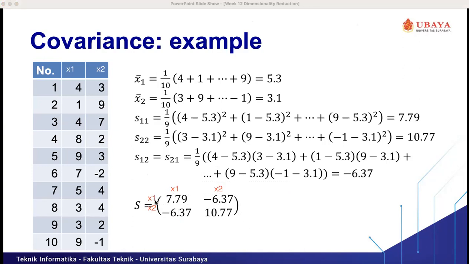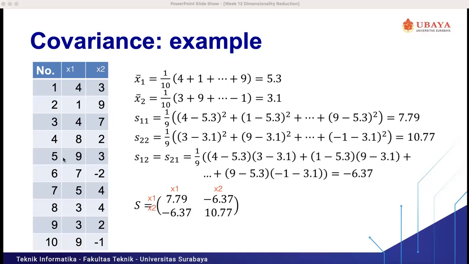The covariance for x1 and x1 will be 7.79. The covariance for x2 and x1, which is S12 or S21, is minus 6.37. Then the covariance for x2 and x2 will be 10.77. So we already calculated the covariance matrix for this data set.